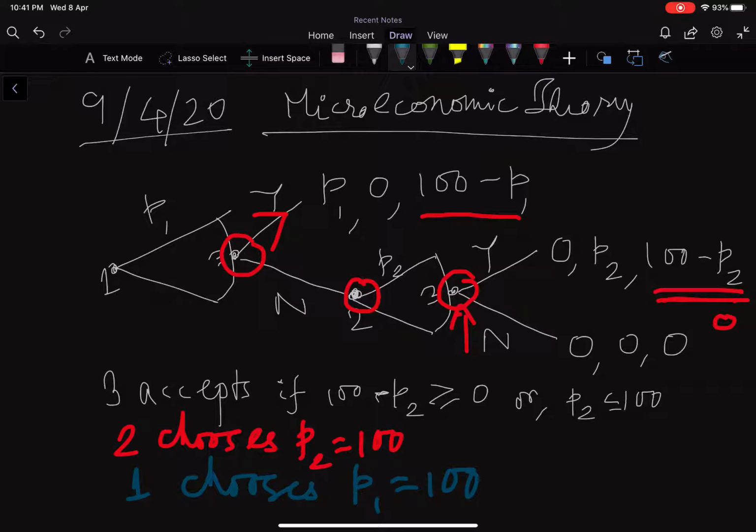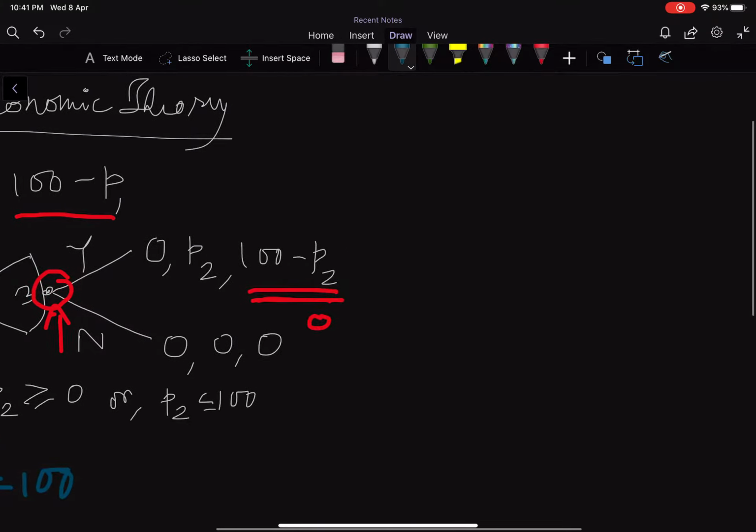Now let's try to change the sequence of the game and make it a bit different.